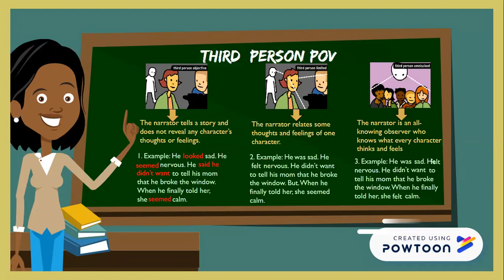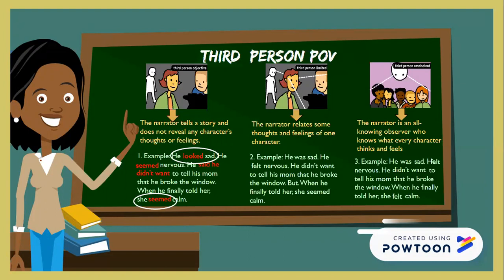So the narrator doesn't actually know the character's thoughts or feelings. Looked and seemed. Those are clue words to let you know that he doesn't exactly know the character's thoughts or feelings.